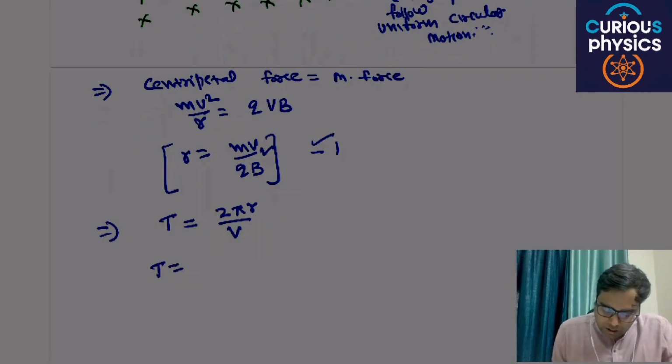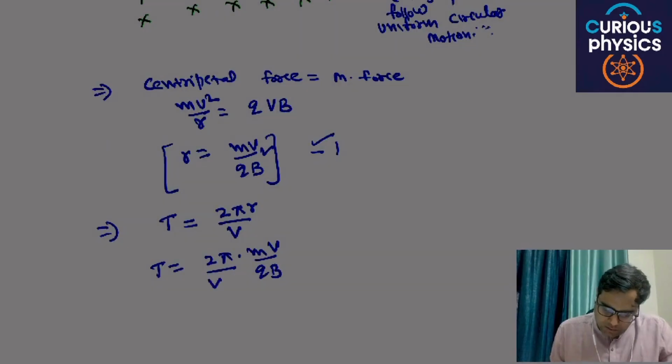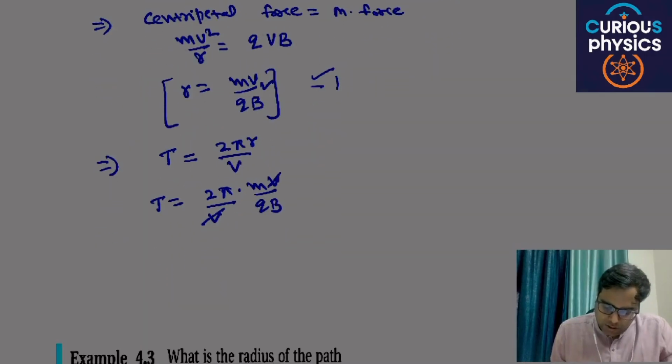Put the value of r, 2 pi times mv by qB, divided by v, and this v and v will cancel each other. You will get the value of time period.